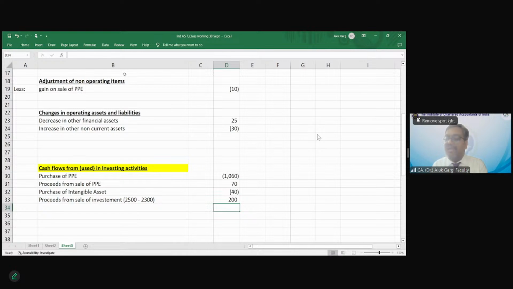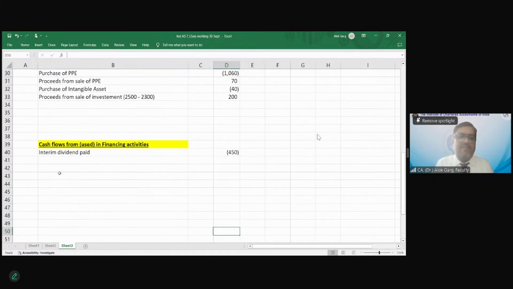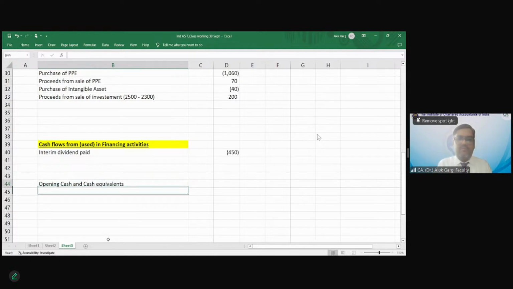Okay, now what is my next line item in the balance sheet? Cash and cash equivalent. The opening and closing cash and cash equivalent is given. So let me write here. Opening cash and cash equivalent. What is my opening cash and cash equivalent?